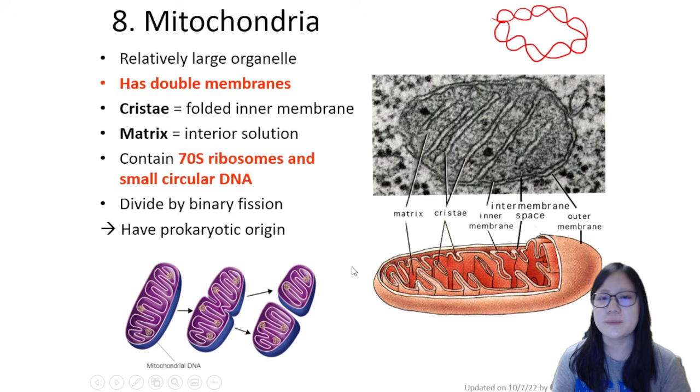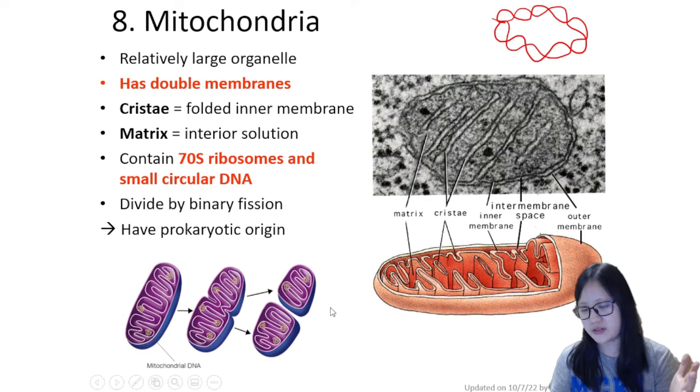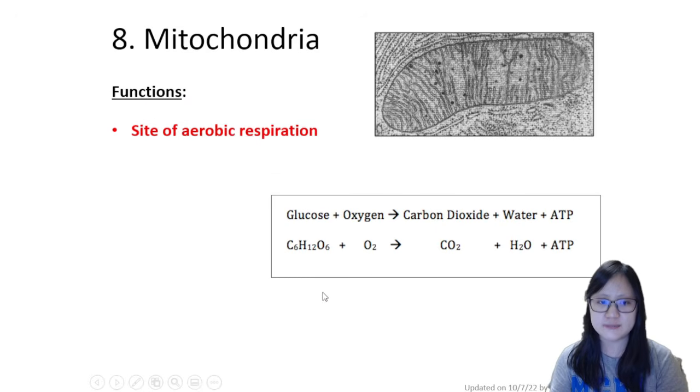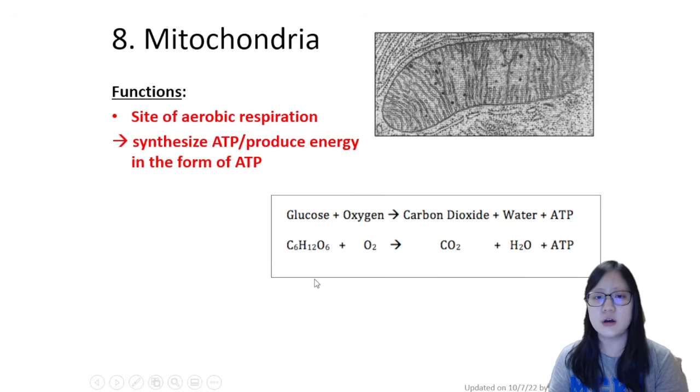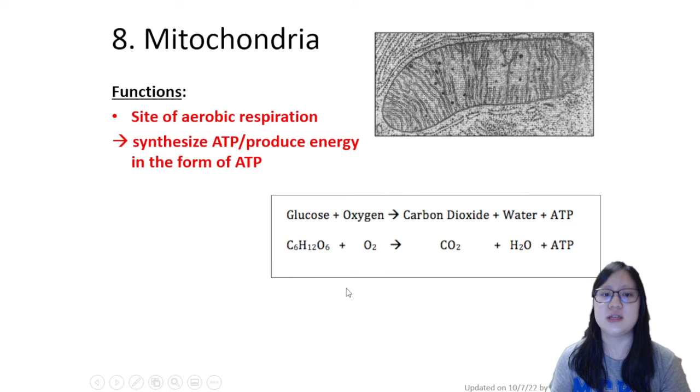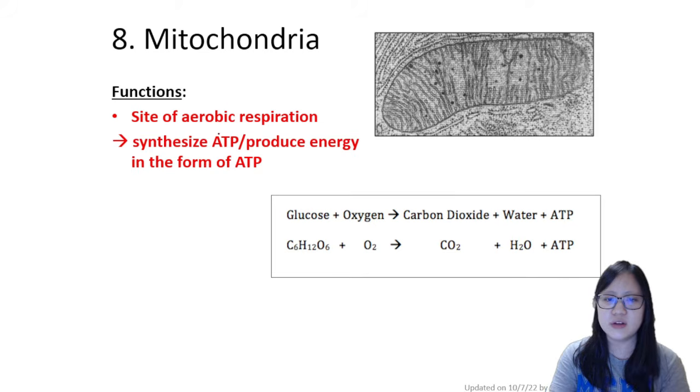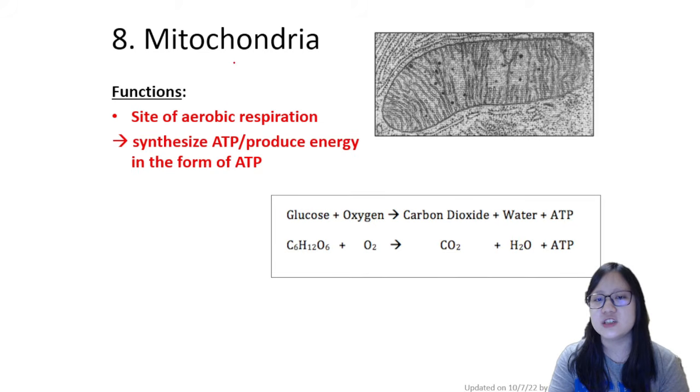Kind of interesting. So mitochondria, again, not powerhouse of the cells. Yes, it's powerhouse of the cell, but you can't write it that way. So how do you write it? The function is the site of aerobic respiration. It's to synthesize ATP or produce energy in the form of ATP. The reason why I keep saying ATP instead of just synthesizing energy is because they reject, as in their minus marks, if you write produce energy alone without mentioning ATP.